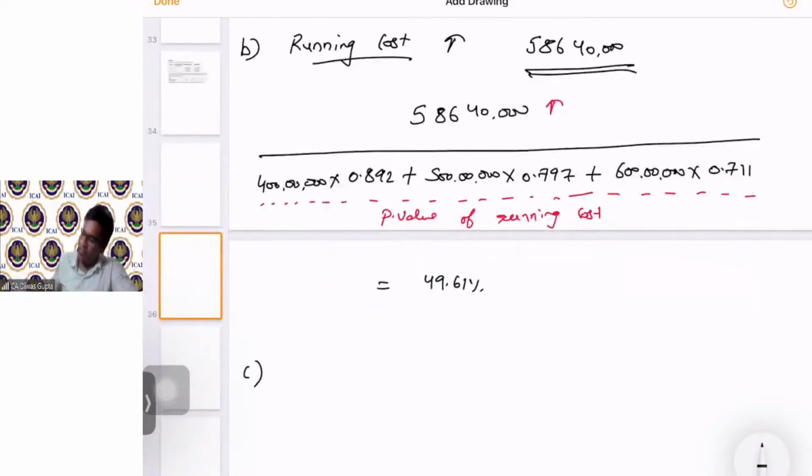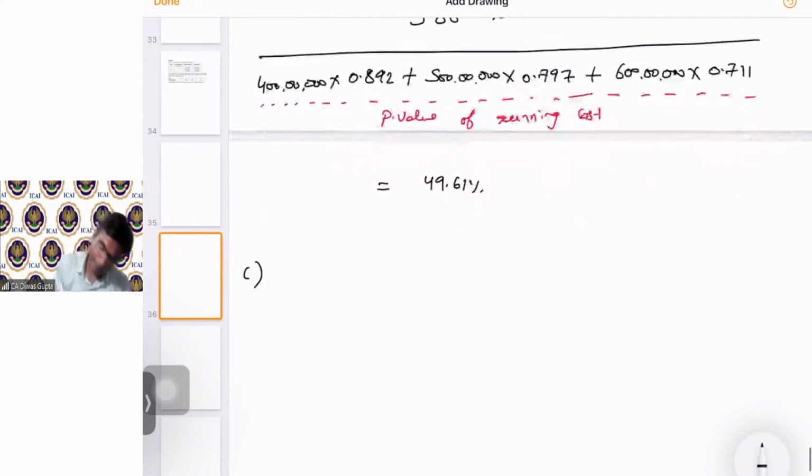And the similar logic will apply to the savings part. So to make NPV zero, savings should go down, correct? Savings will come down, then only NPV will become zero.